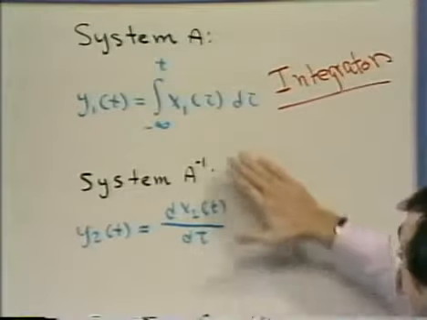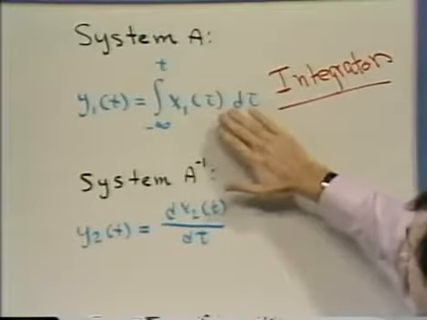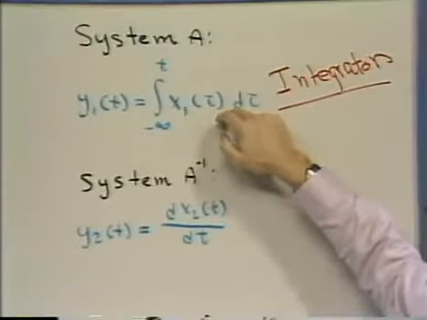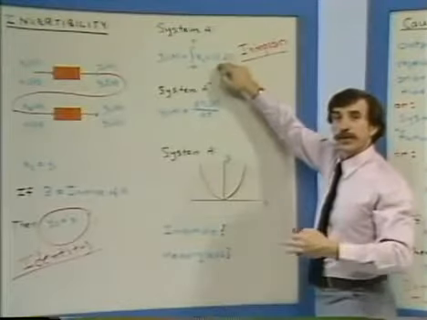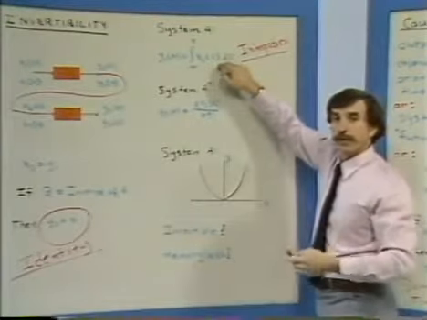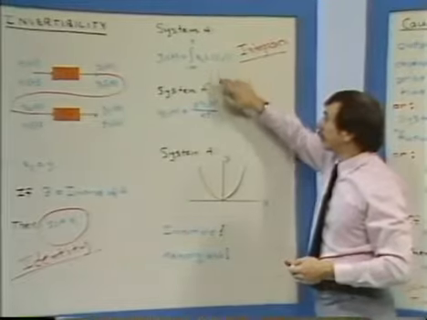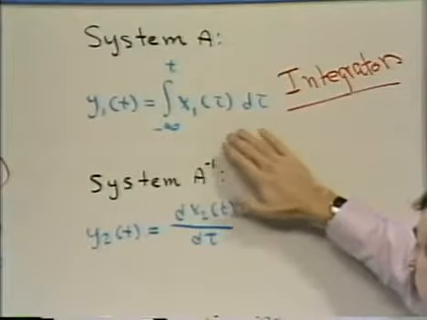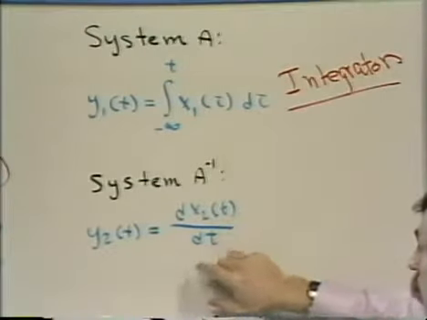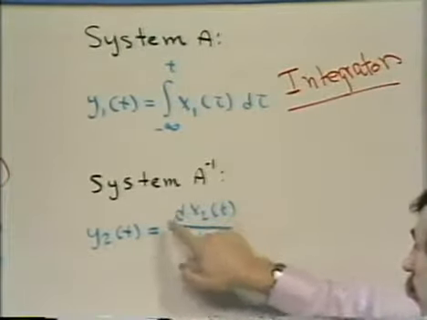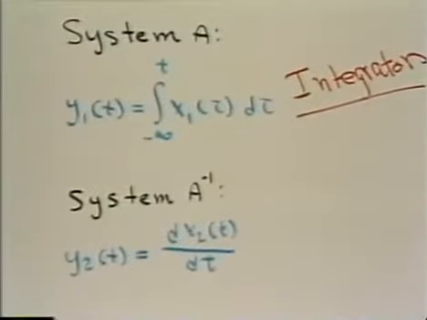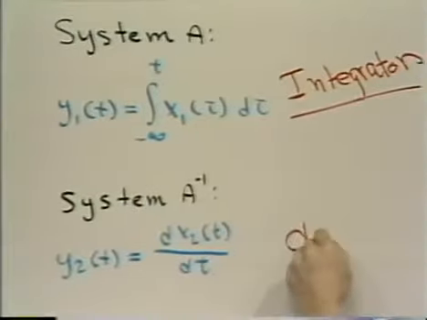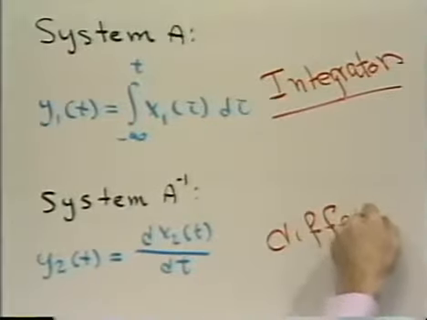And the integrator, in fact, is an invertible system, and its inverse is a system for which the output is the derivative of the input. So the inverse of System A, if System A is an integrator, is a system for which the output is equal to the derivative of the input, which, not surprisingly, is referred to as a differentiator.